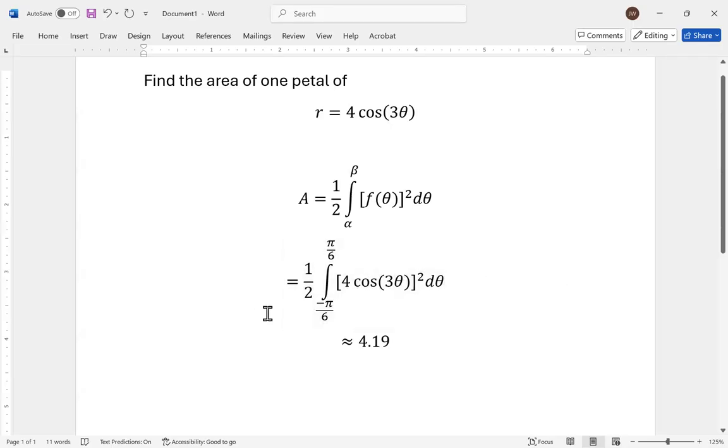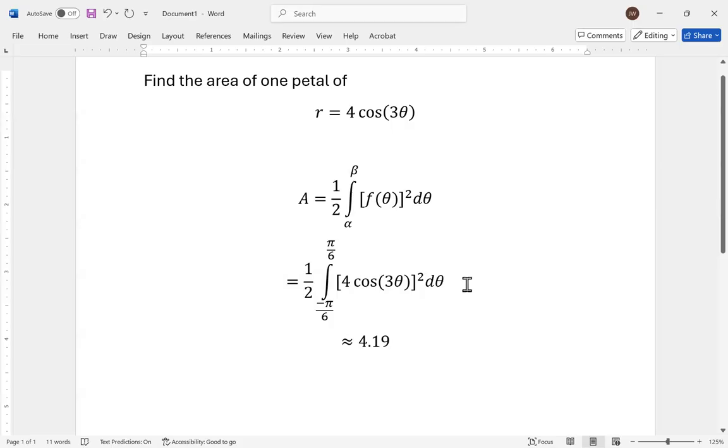You could probably do this by hand as well, although it might not be super fun. You'd have to use a trig identity. If you're having a hard time doing the tracing, again, I'll throw up a companion video of how to trace in polar form and how to graph in polar form.